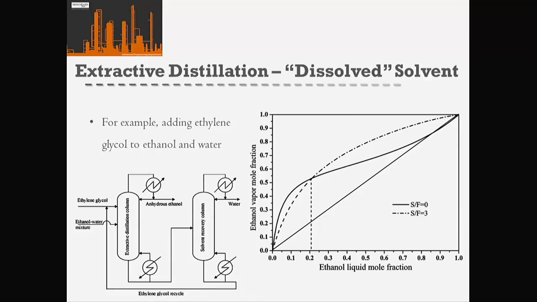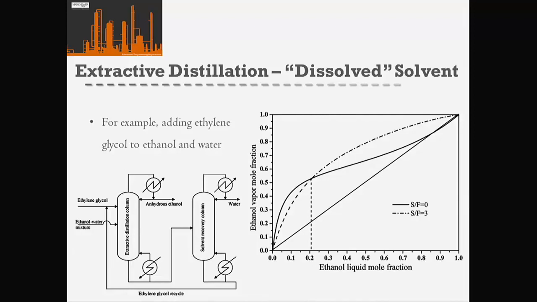But if we add our ethylene glycol, that affects that relative volatility. And what it does is if we plot the new vapor-liquid equilibria between our ethanol and our water, but in the presence of ethylene glycol as a liquid, we actually get this dashed vapor-liquid equilibria curve.